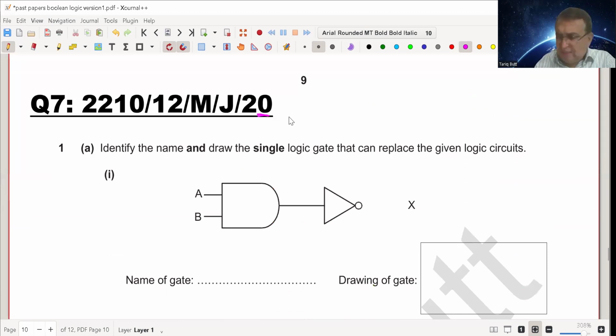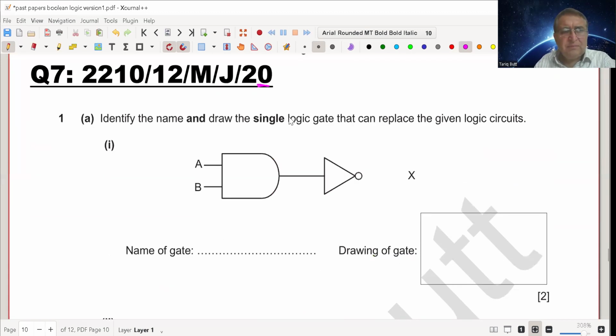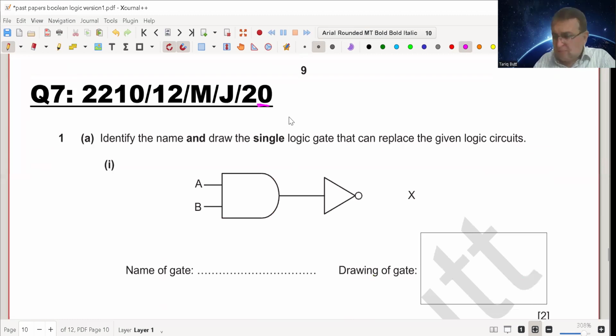Year 2020. This seems to be a simple question. Identify the name and draw the single logic gate that can replace the given logic circuits. So this is some logic circuit, which is, for instance, composed of two gates.